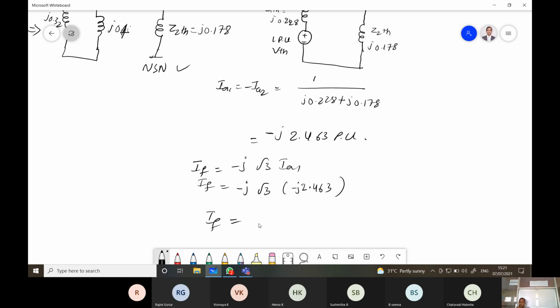Minus 1 into minus 1 get cancelled. So remaining is root 3 into 2.463. How much is it?